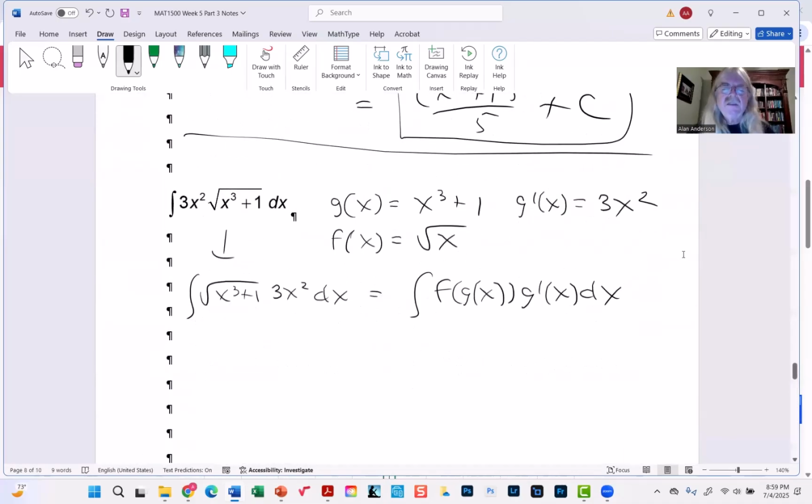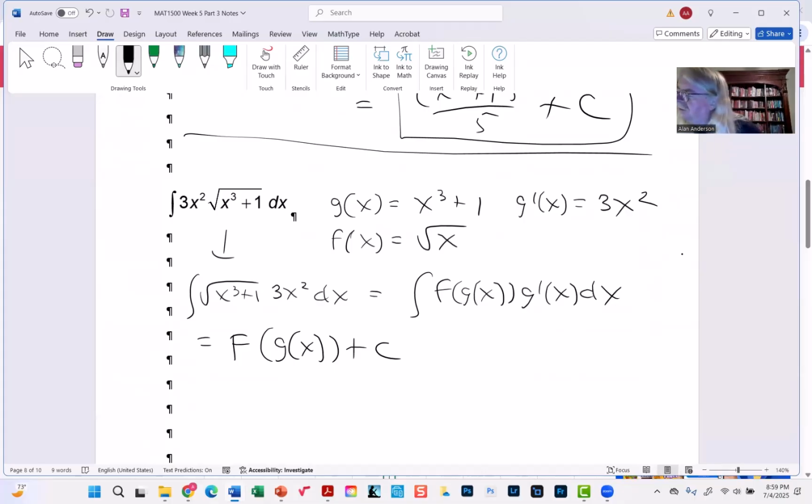Remember, this is going to give us the integral of f of x with g of x as its function. So now remember here, f of x is x to the 1/2 power.